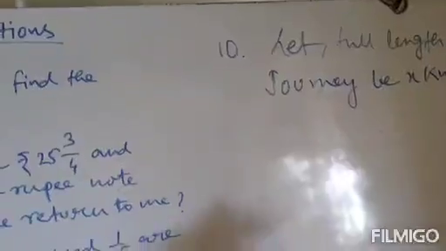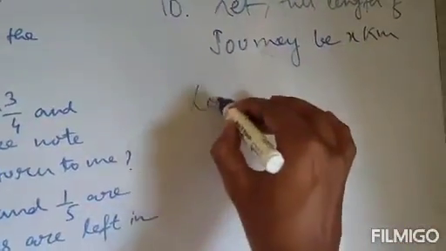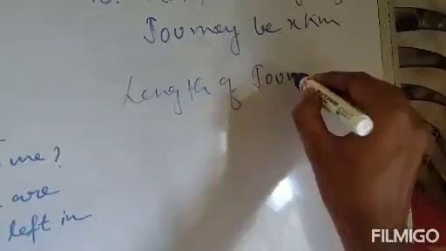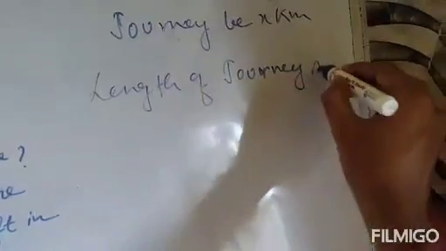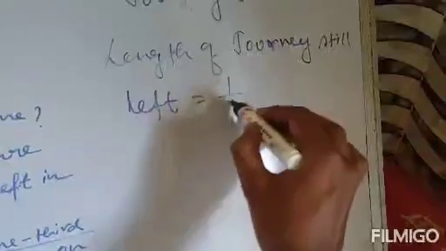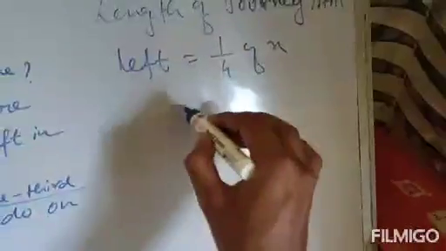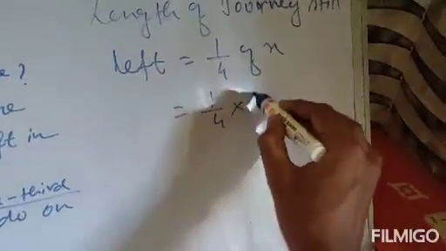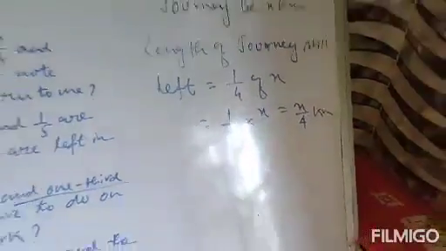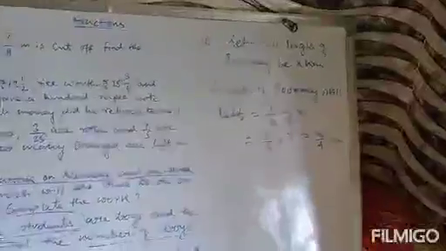Clear? So length of journey still left equals 1/4 of x. That means 1/4 of means multiply, so x by 4 kilometer length of journey was left, and total length is x kilometer.